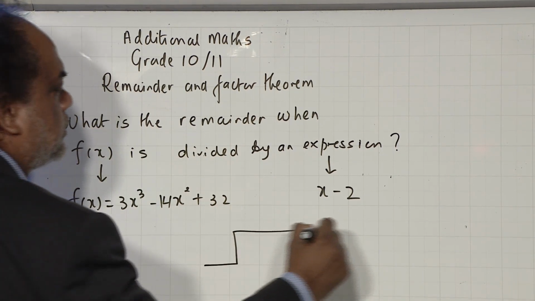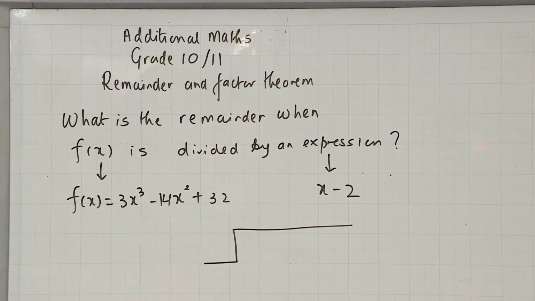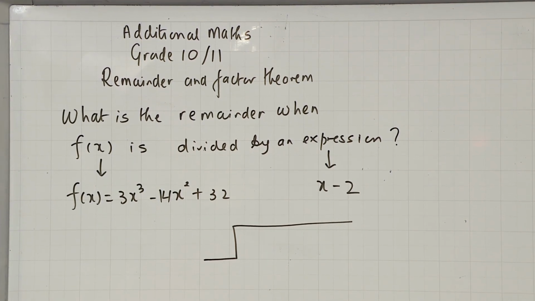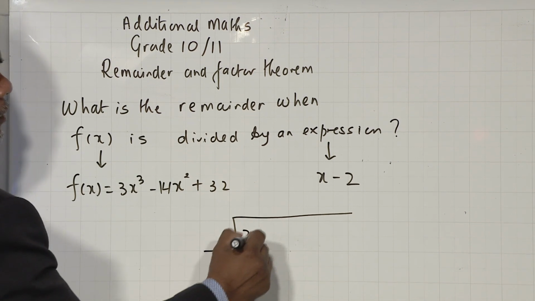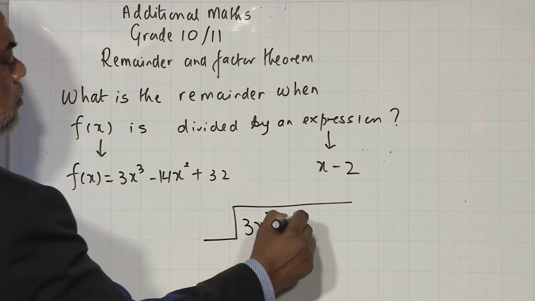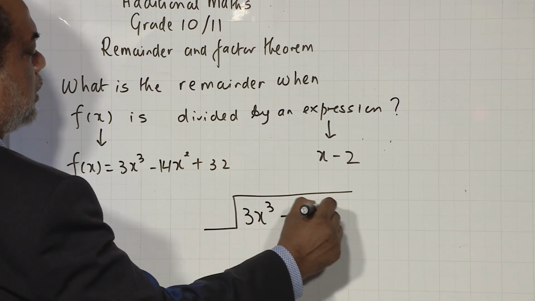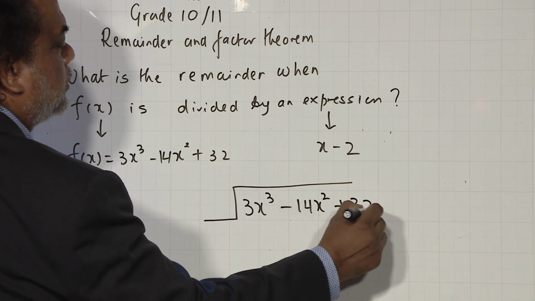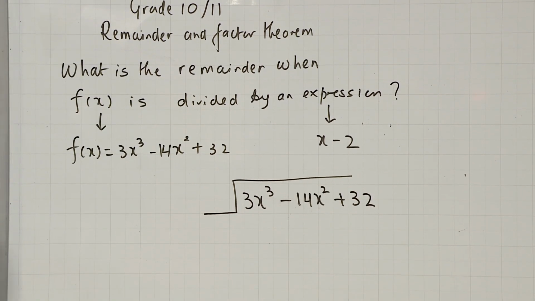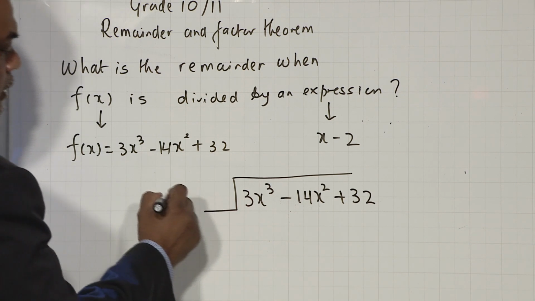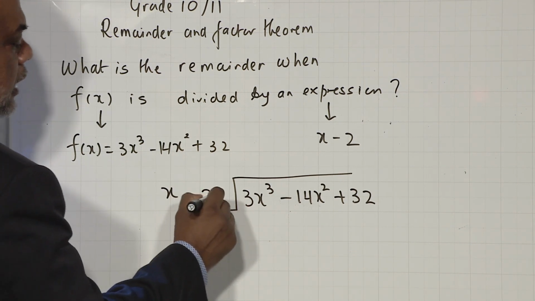One way to do this would be to divide 3x cubed minus 14x squared plus 32 by x minus 2.